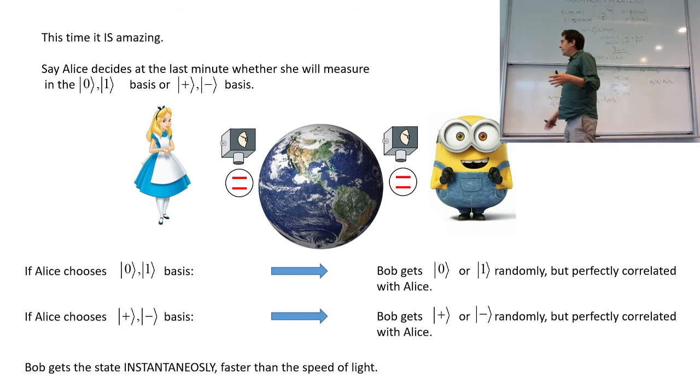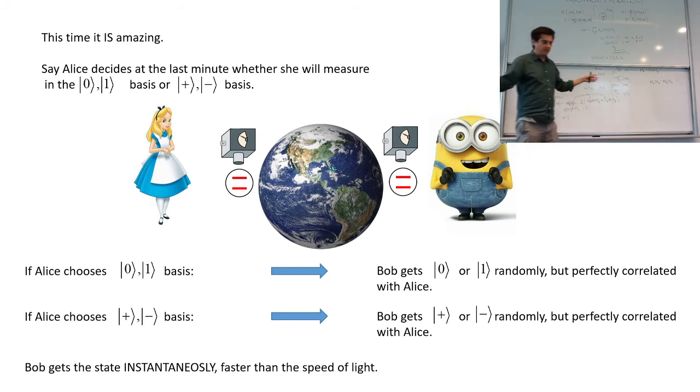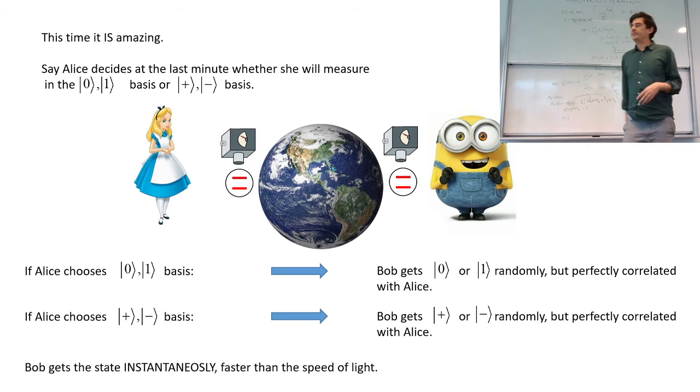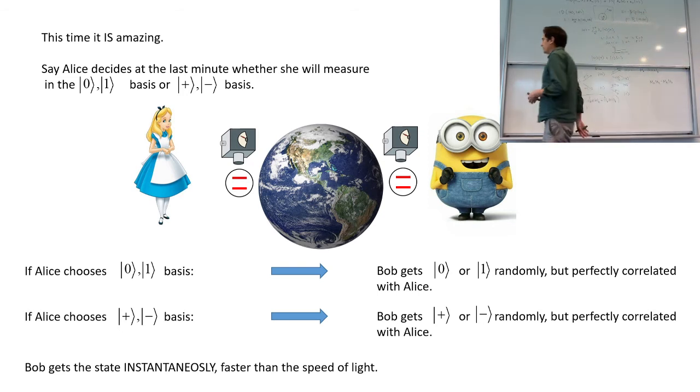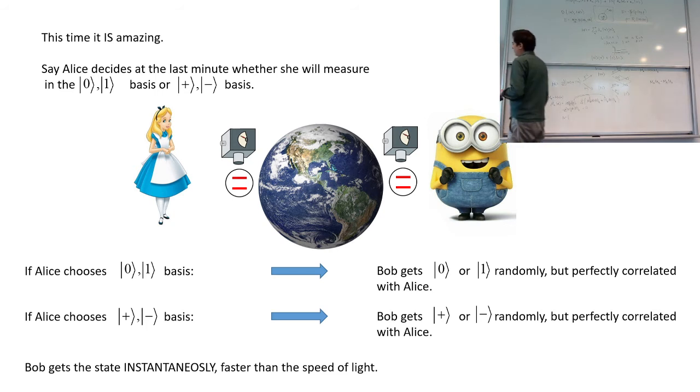It's happening instantaneously, faster than the speed of light. The reason I made this experiment across the ends of the Earth is so that they're quite far away, so that you can tell it's instantaneous if you have a precise enough measurement.